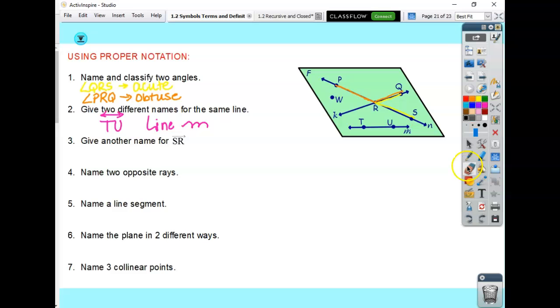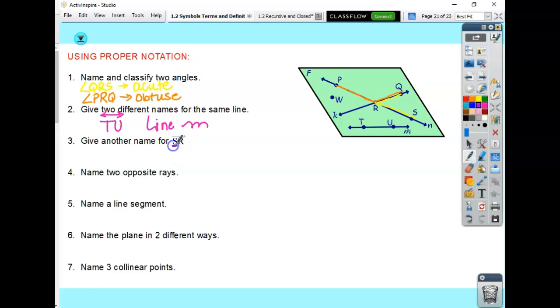Okay, give another name for SR. Well, that's not what I wanted to do. Okay, give another name for not line SR, but ray SR. Remember that the first letter tells us where that ray begins.